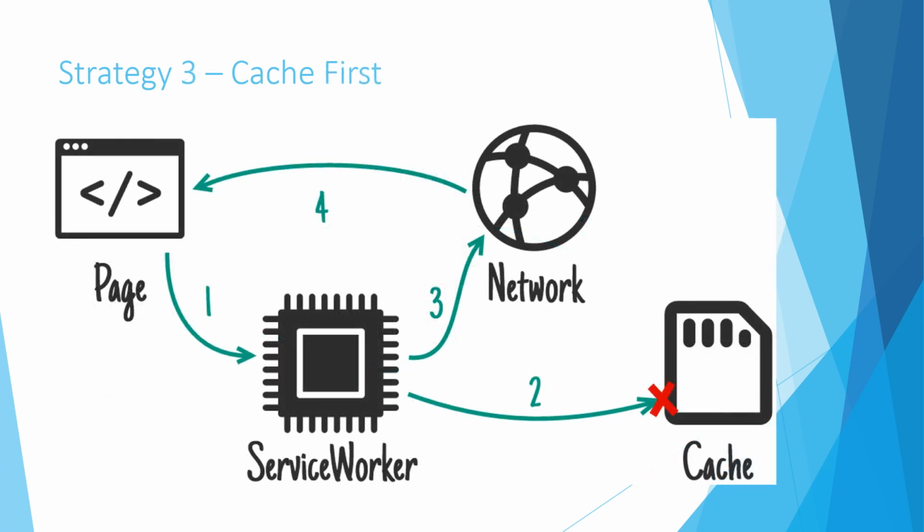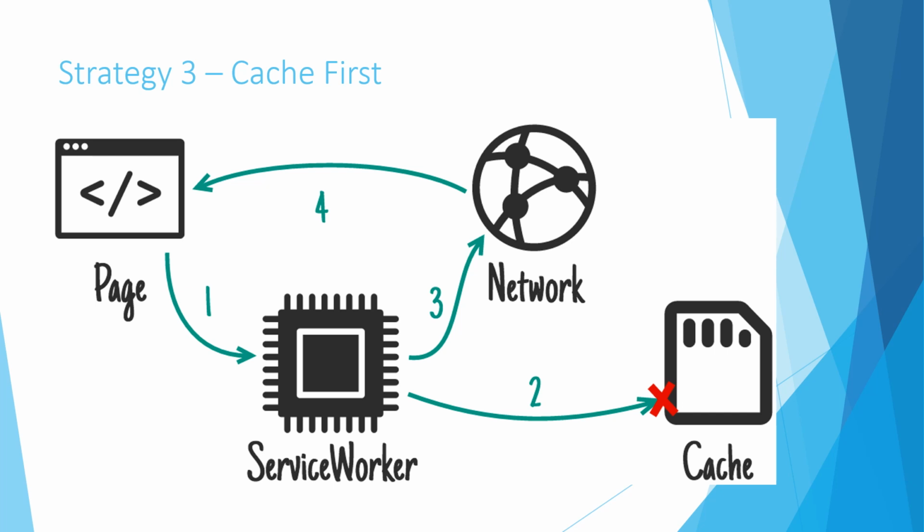Strategy number 3, that is, cache first. Here, when the page makes a request, the service worker intercepts it. Then, the service worker looks into the cache. If the request for the cache is not successful, it goes to the network. In this scenario, the request will be fulfilled by a network request and the response will be cached so that the next same request is served directly from the cache.